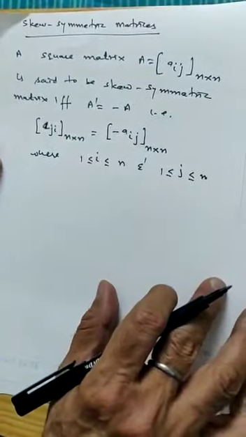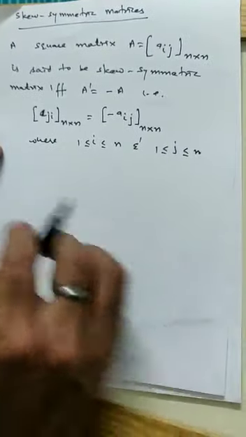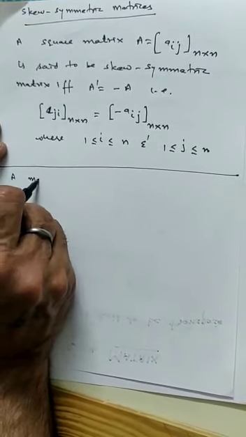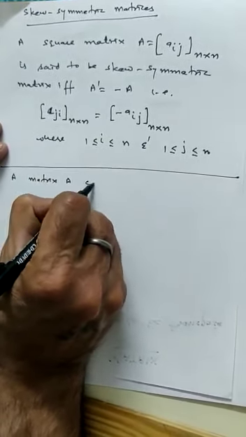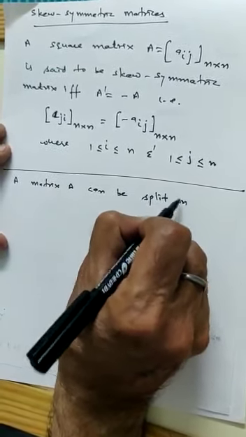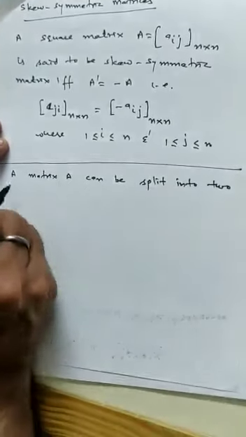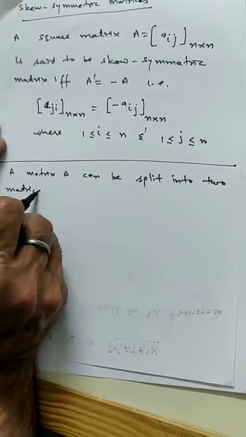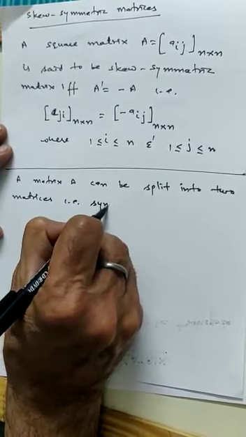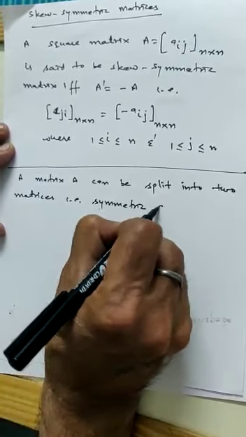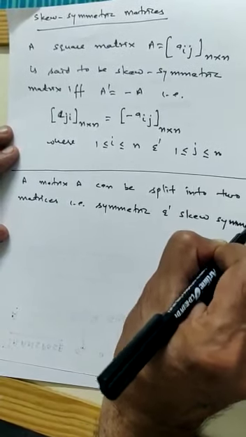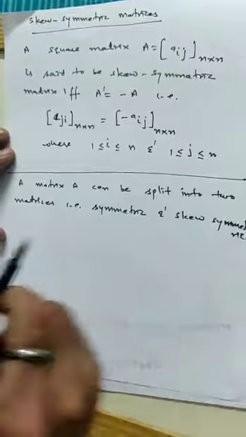The other topic based upon symmetric and skew symmetric matrix is that a matrix A can be split into two matrices, that is symmetric and skew symmetric.